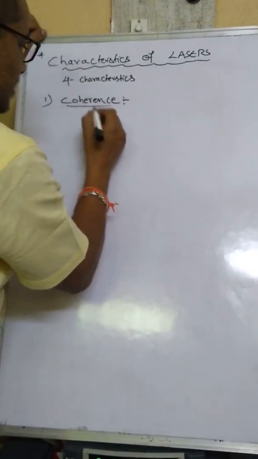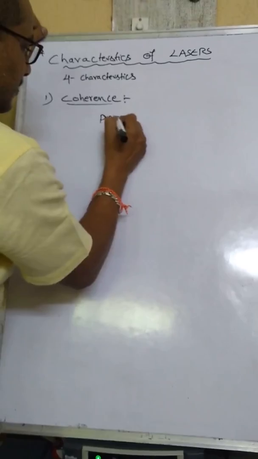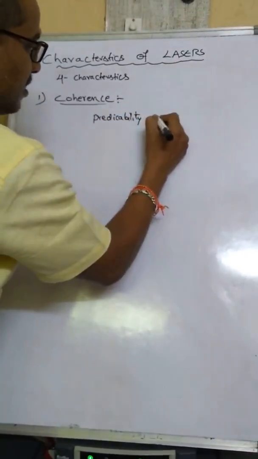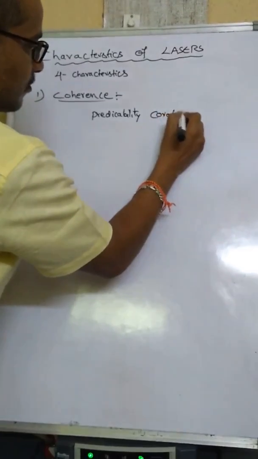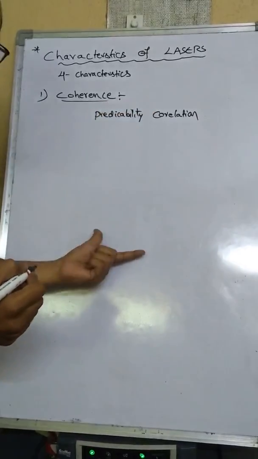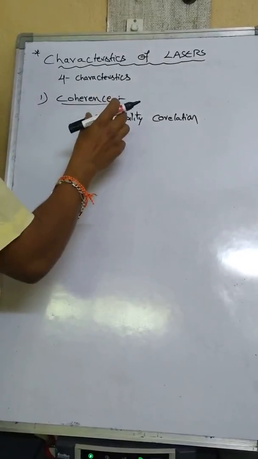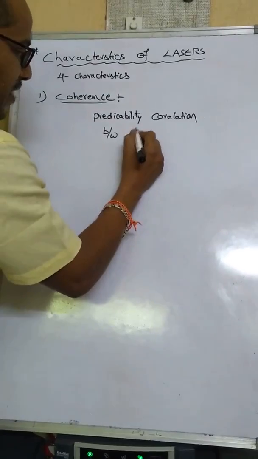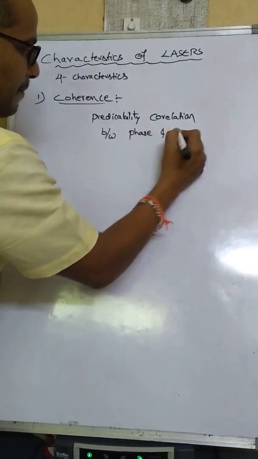The coherence is the predictability correlation. So I'll try to write the keywords such that you can make a note. So it is the predictability correlation between the phase and amplitude.